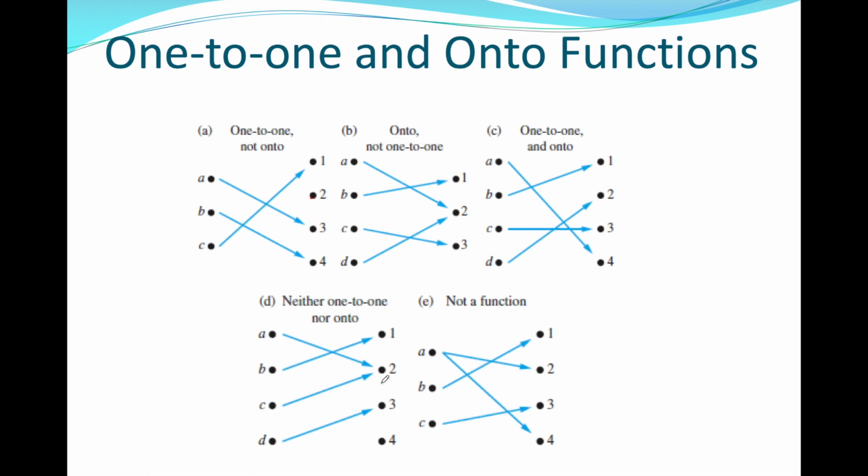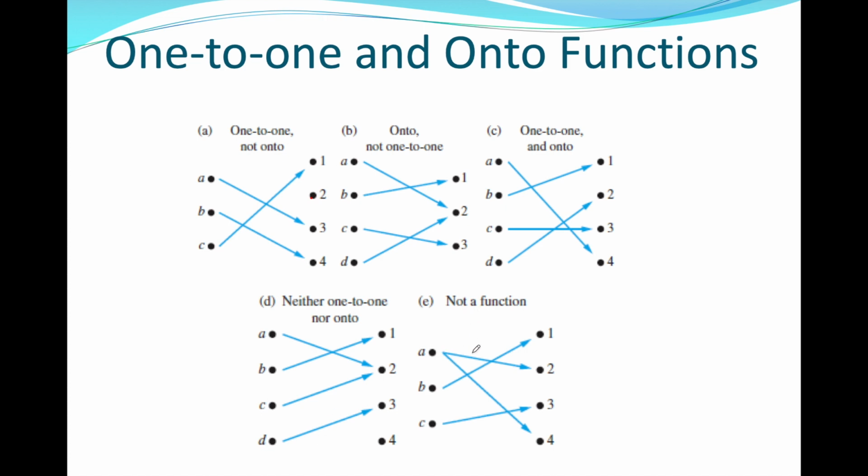But there is one value in the codomain that has two values of the domain, right? 2 has A and C, so it is not 1-to-1. Why is it not onto? Because the value 4 is not connected to any element here. So this is not onto and not 1-to-1.